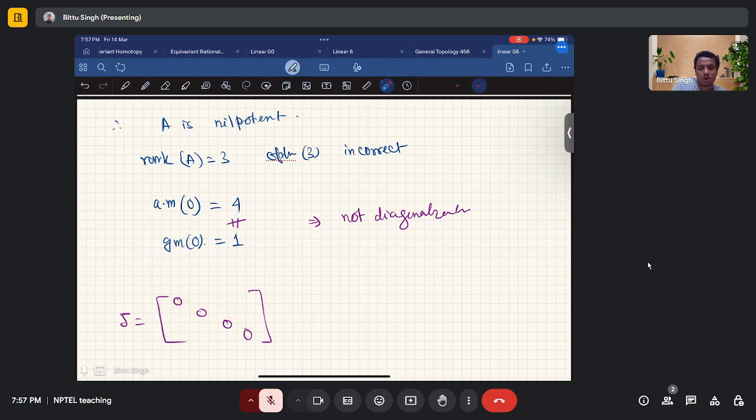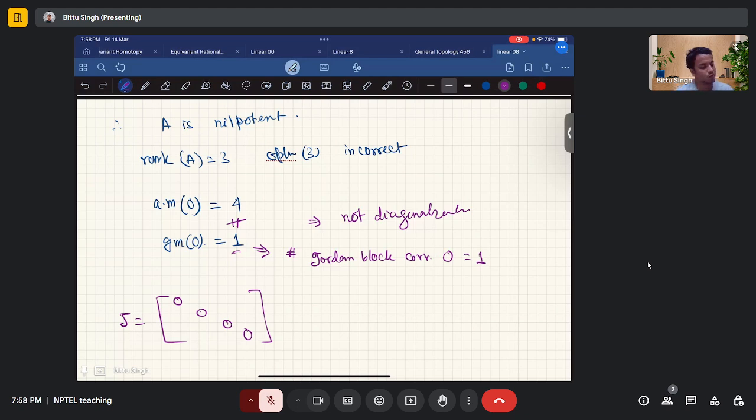But we will see which is the correct block. We can see that the geometric multiplicity of 0 is 1, and from the geometric multiplicity we get the number of Jordan blocks. So the number of Jordan blocks corresponding to the eigenvalue 0 is 1.